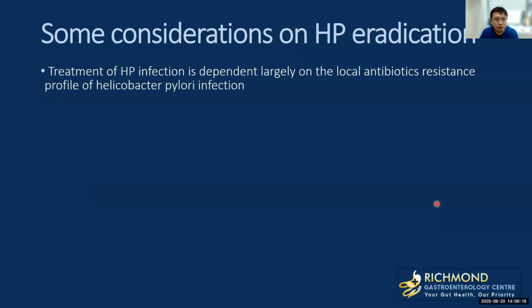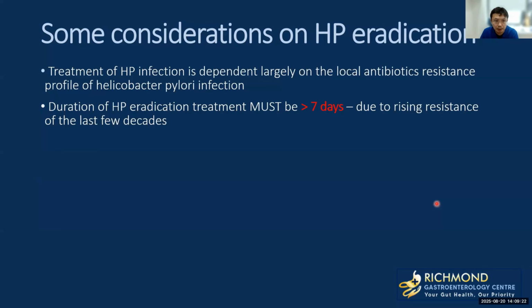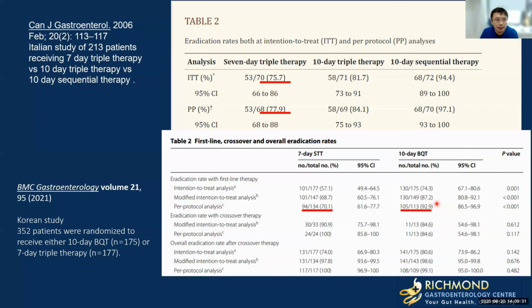Some considerations. It depends on the local resistance, as I mentioned. HP eradication nowadays must be more than 7 days. The reason is that there's a rising resistance due to the prevalent use of antibiotics.